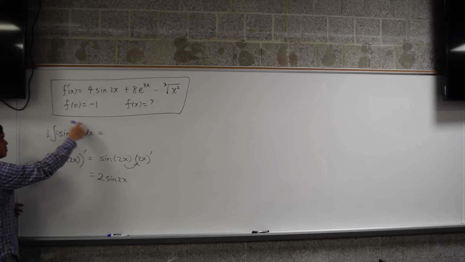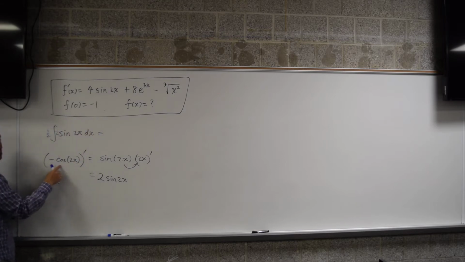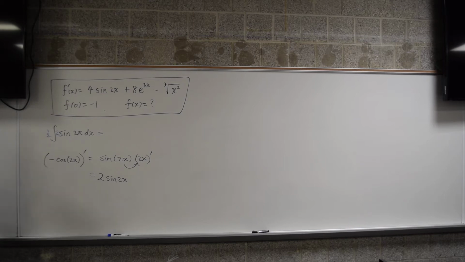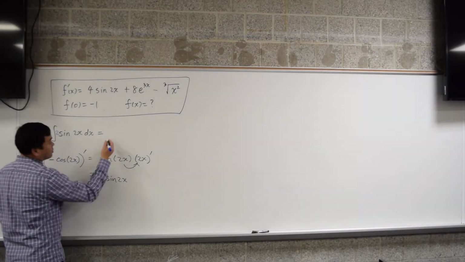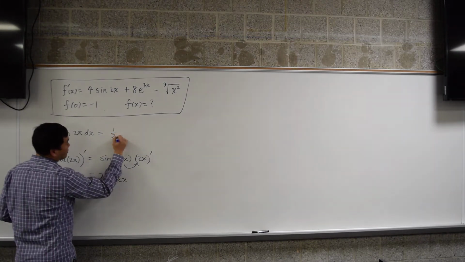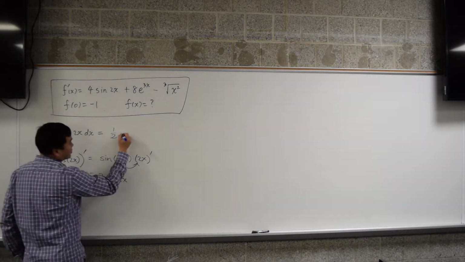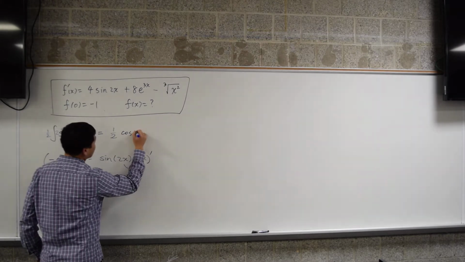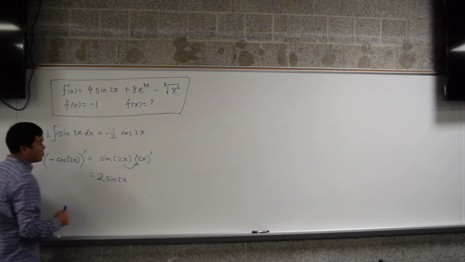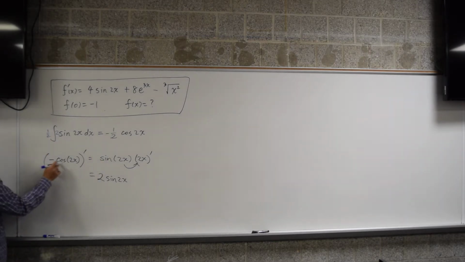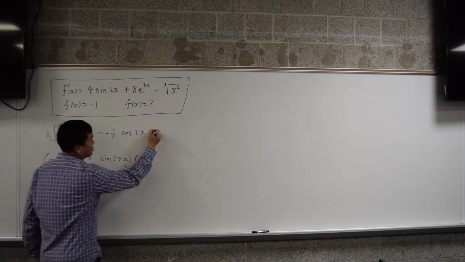Then this much will be this integral, and there will be 1/2 in front. So that's the way you figure out the integral when there's a number there, okay? So you end up with 1/2 negative cosine 2x, plus c.